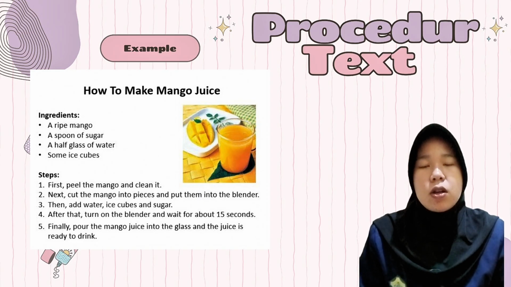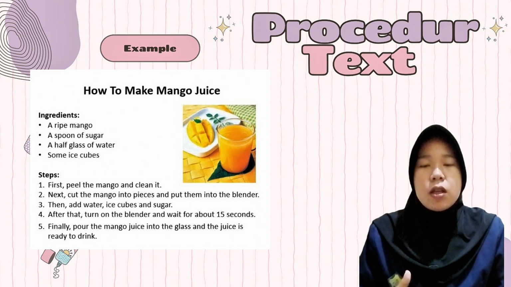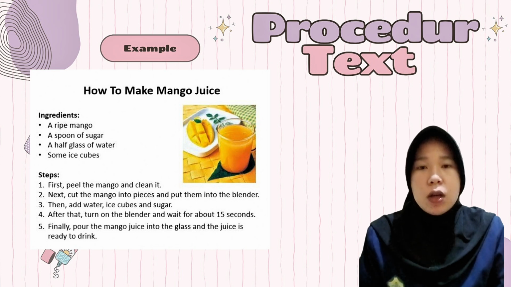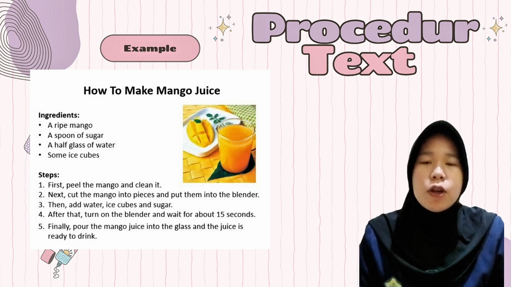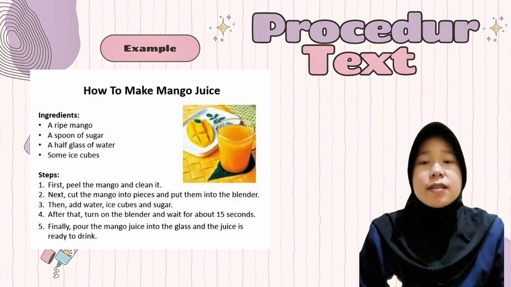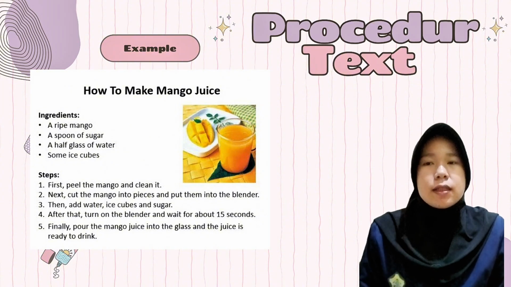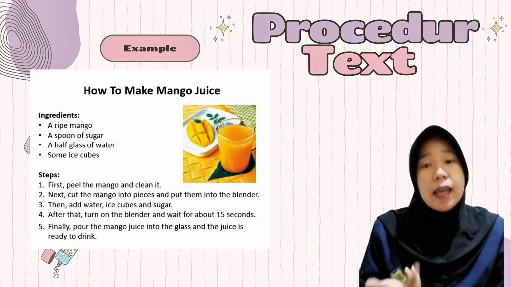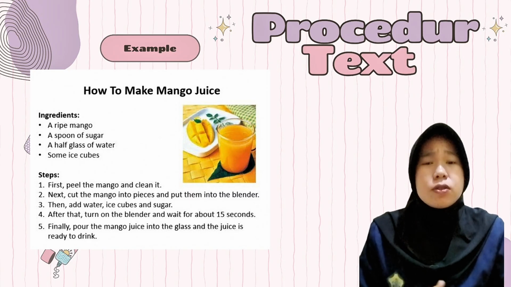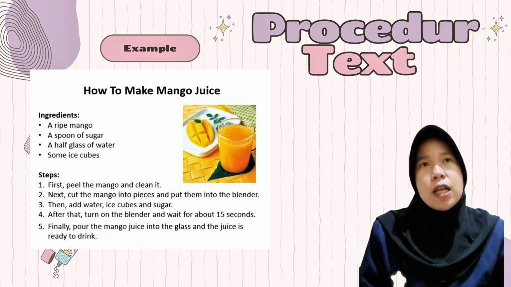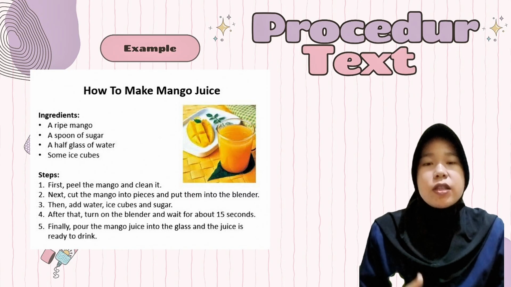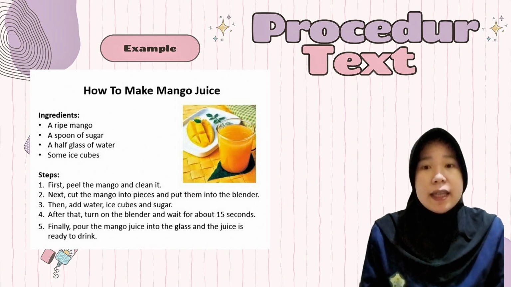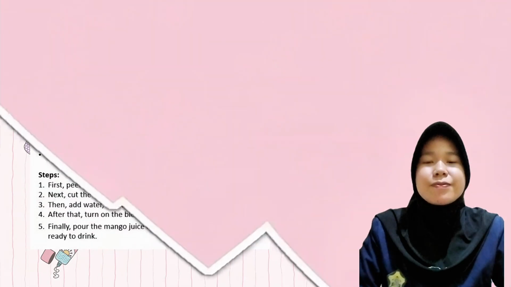These steps are written in order so the readers can follow them easily. So from this example, we can see that a procedure text has a goal, materials, and steps, right? Procedure text is very useful because it gives clear instructions for doing or making something correctly.